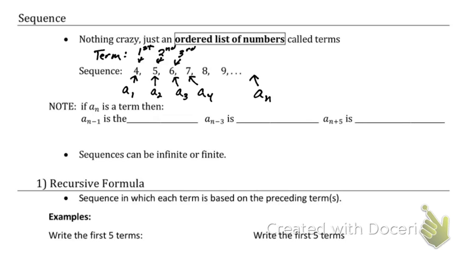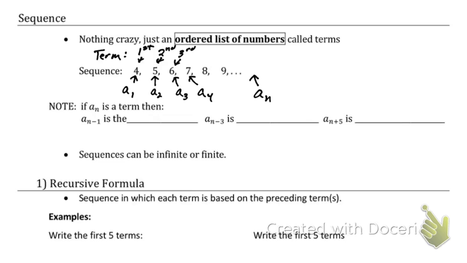So I could give you an A sub 0, and you know it's the term before A sub 1. I could give you A sub negative 1, and you know it's before 0. So this gives you an order, but it's not specifically where A sub 1 is your very first number that you write. It just gives you a placement of everything.